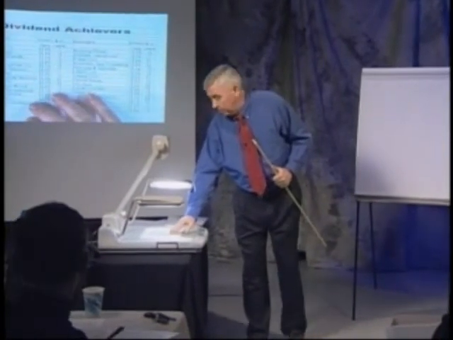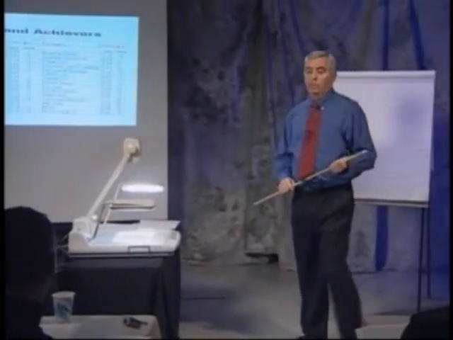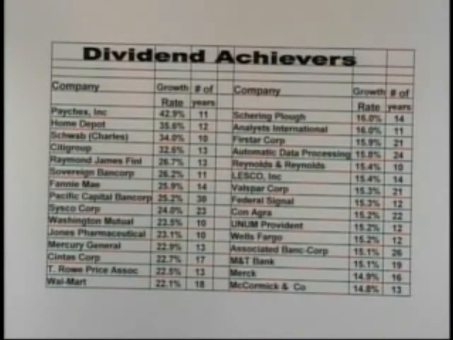And this is a sample list of the dividend achievers. I have the full list in your manual. But in order to be a dividend achiever, the company has to raise its dividend for at least 10 years in a row, 10 consecutive years in a row.